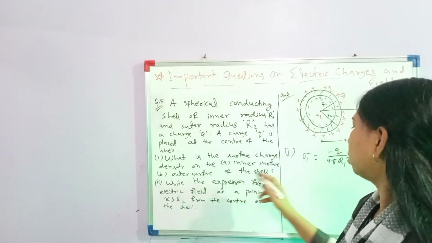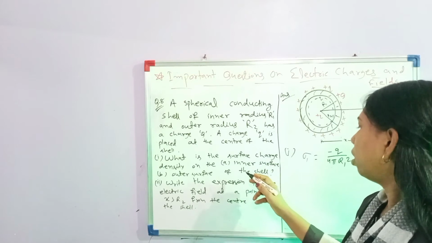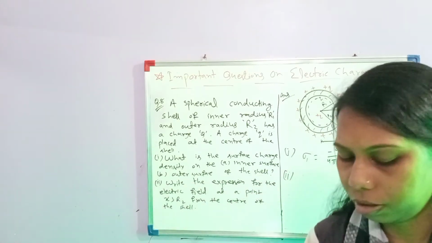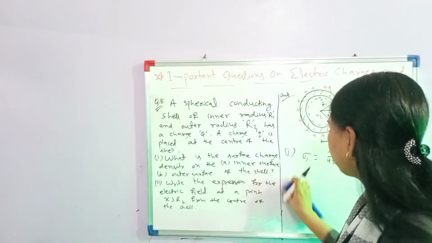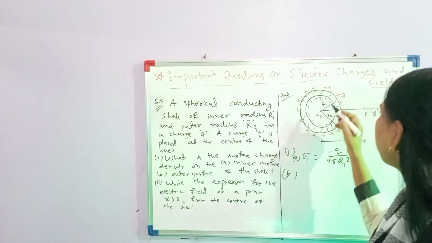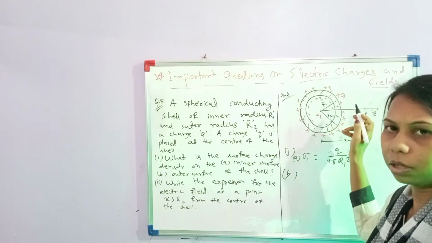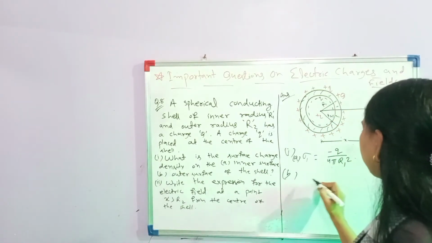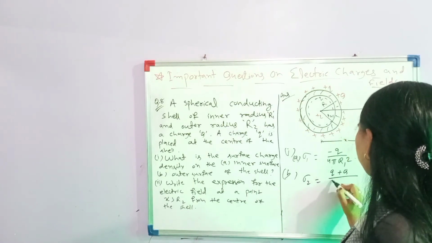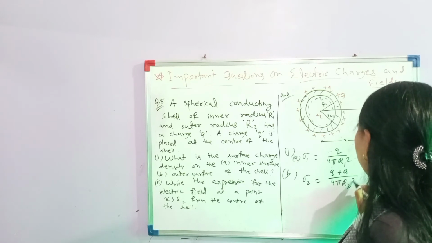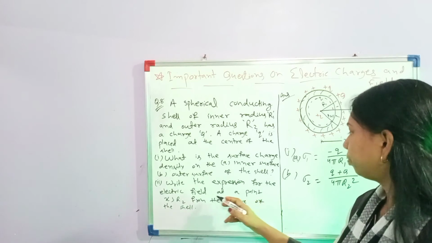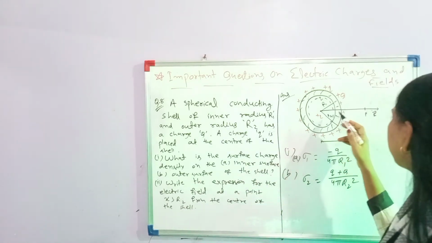Similarly, surface charge density at the outer surface: total charge on the outer surface equals small q plus capital Q, both are positive. So sigma 2 equals small q plus capital Q upon 4 pi r2 square. Next is the electric field at a point x greater than r2.